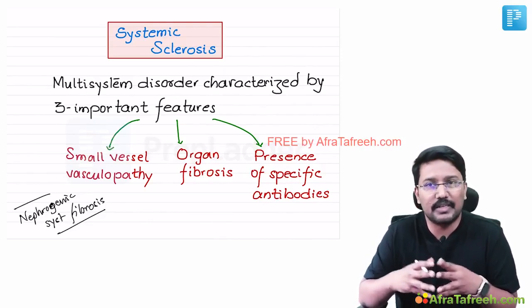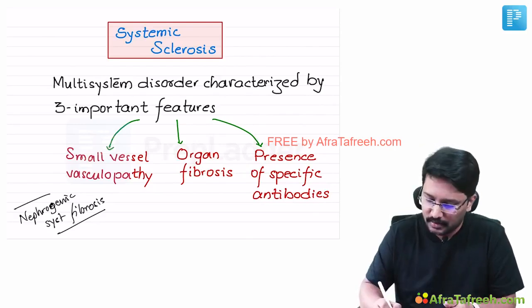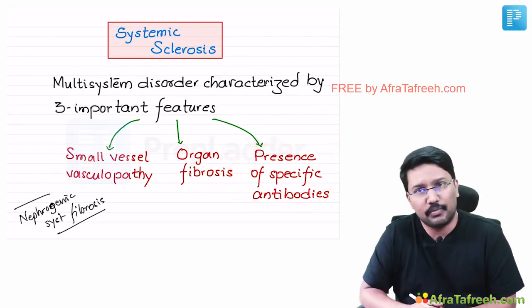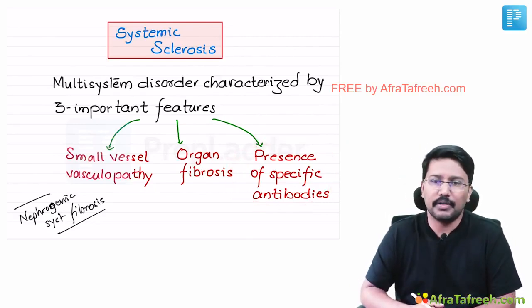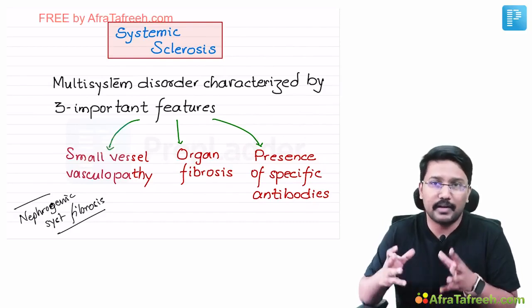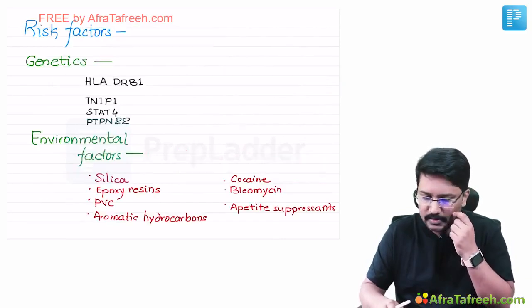That is why we call it nephrogenic systemic fibrosis. But it is not considered as systemic sclerosis because we don't see specific autoantibodies there, right? So remember, we will call it systemic sclerosis when there is skin plus other organ involvement and plus specific autoantibodies present. Okay, that is the basic intro.